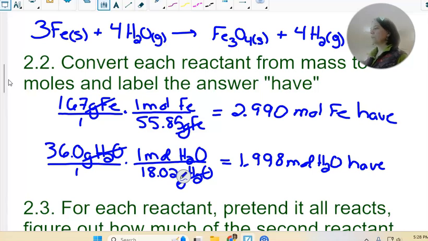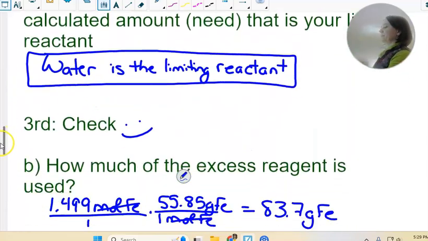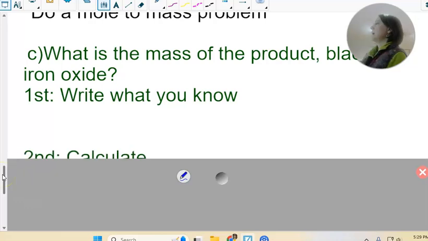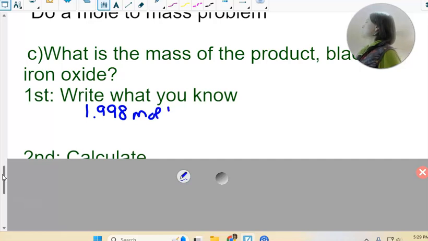So I've already converted the water that I have, and that's what I'm going to do. I can only work with what I have. So I'm going to take the amount of water that I have, which is in moles, and do a mole to mass problem and figure out the amount of product. So I have 1.998 moles of water.